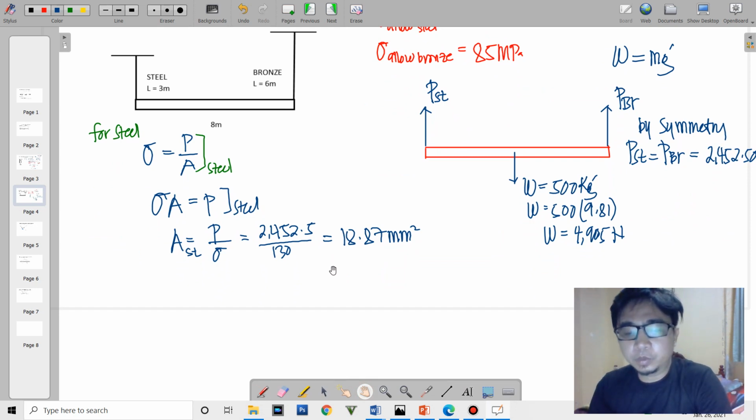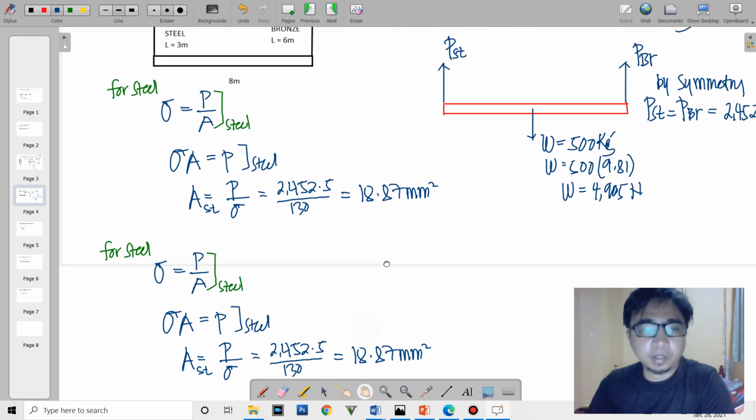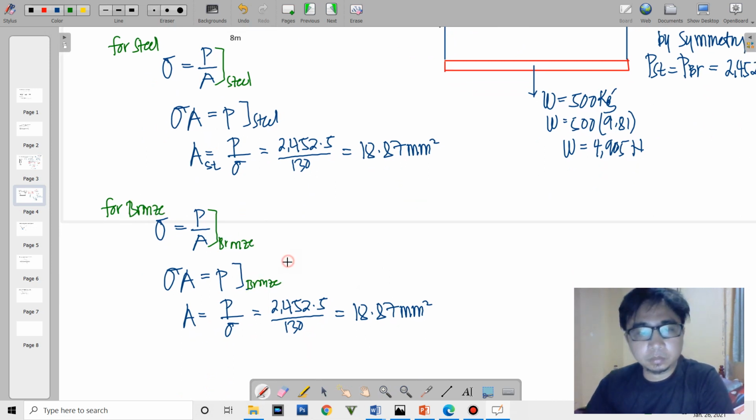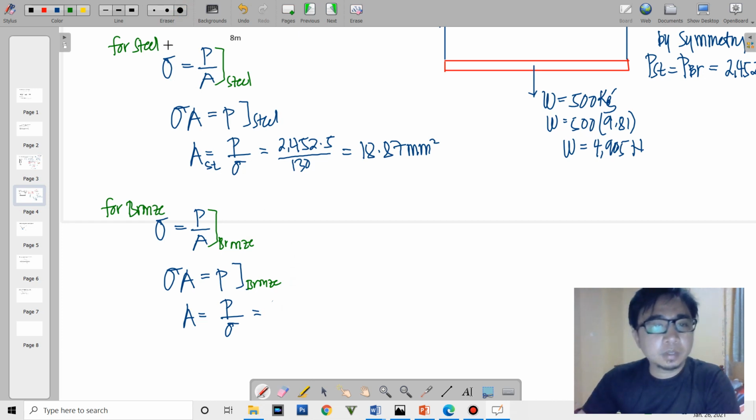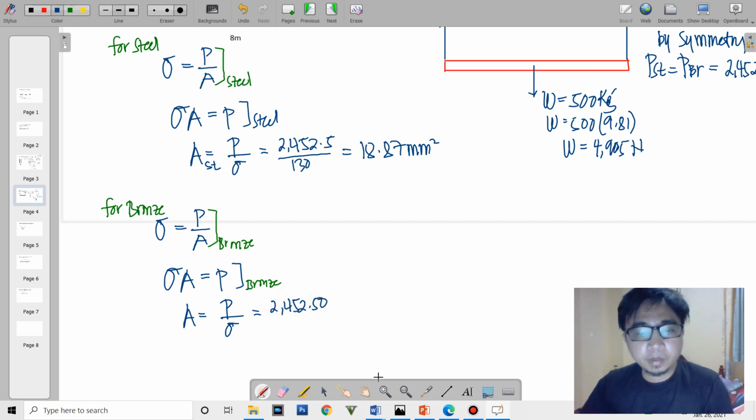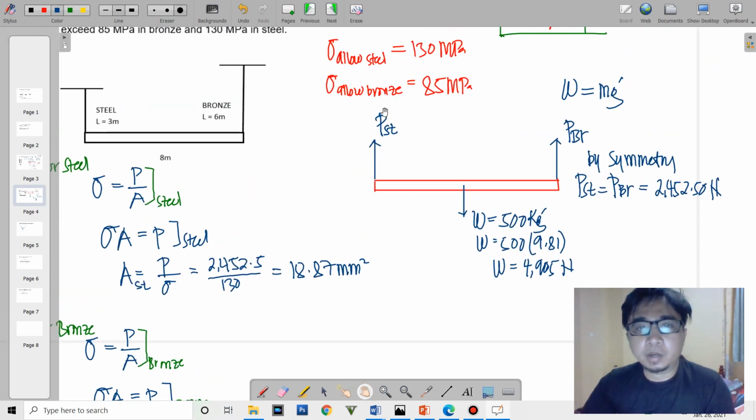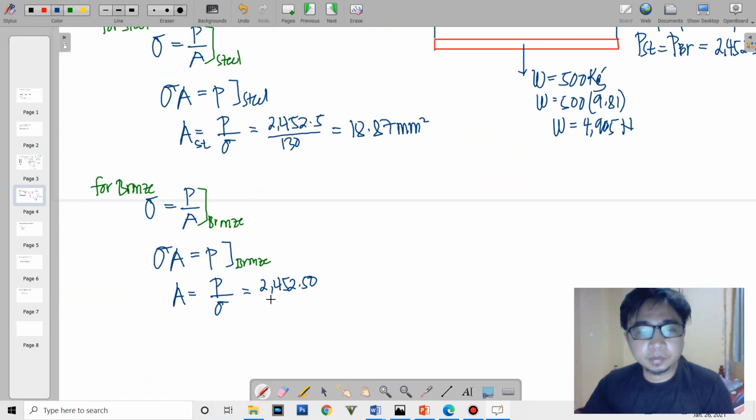So for bronze, we will do the same. We copy that one and then just adapt the given for bronze. So P for bronze is equal to this, 2,452.5 divided by the allowable for bronze, which is 85.